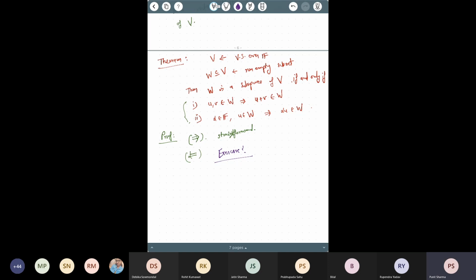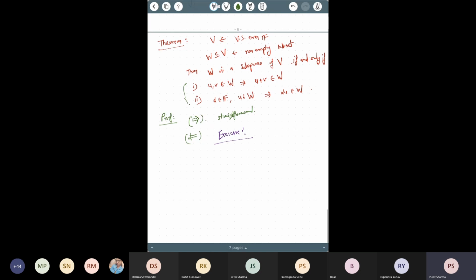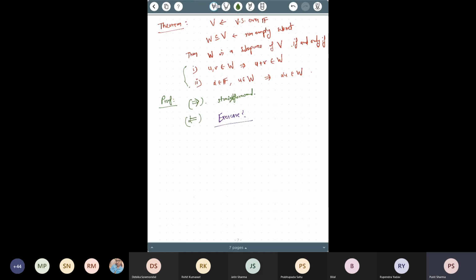All right. Now you can see some examples. Let me quickly write some examples, and for other examples you can look at the textbook, or you can construct your own examples. I have also given some problems in the tutorial sheet.